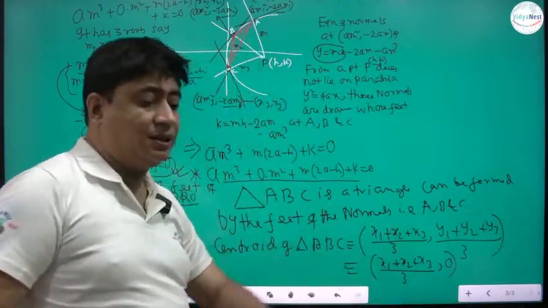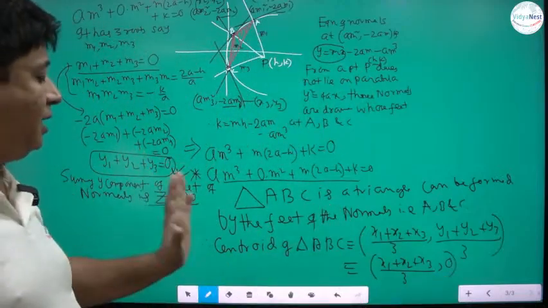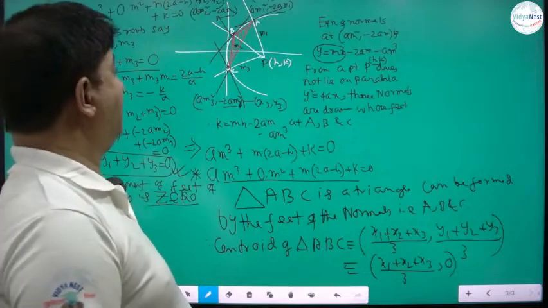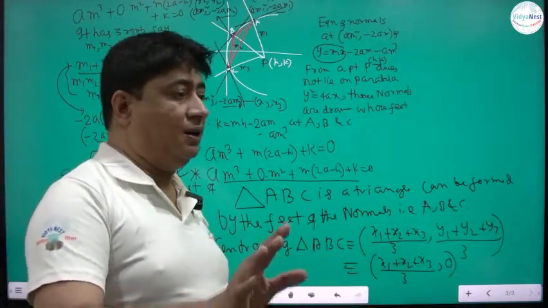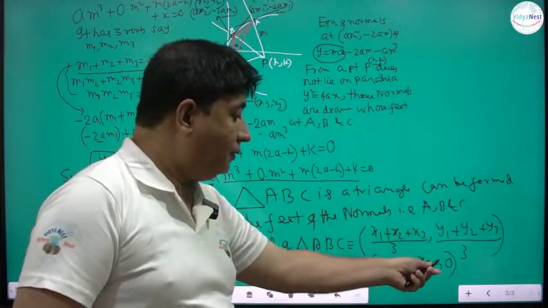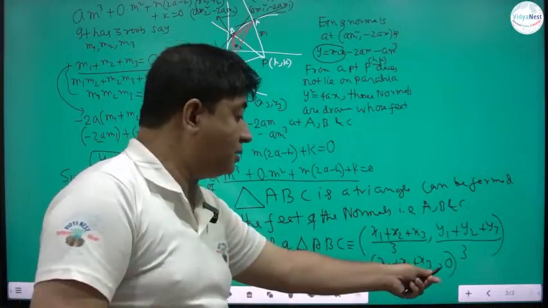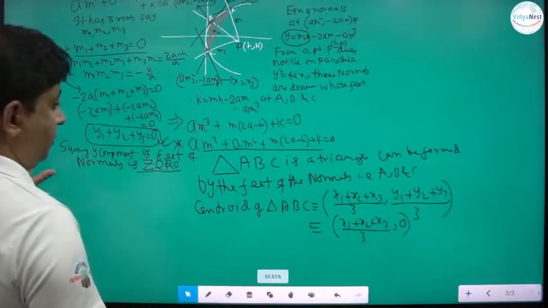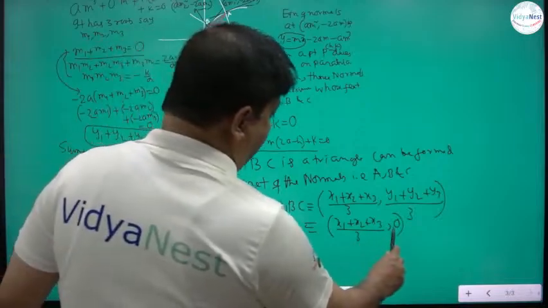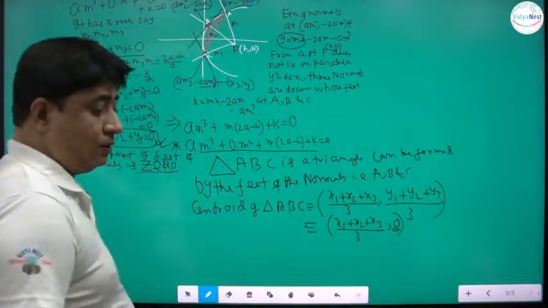So from that result, what conclusion can I draw? The centroid of the triangle formed by the feet of the normals lies on the x-axis. That's why the y component is 0. So this y component 0, what does it depict?